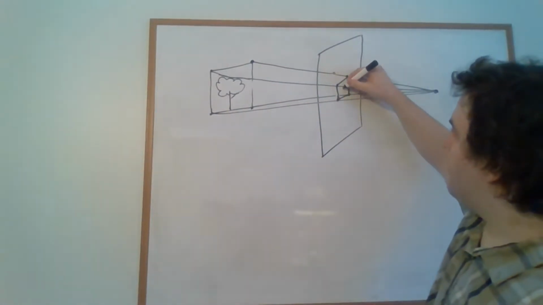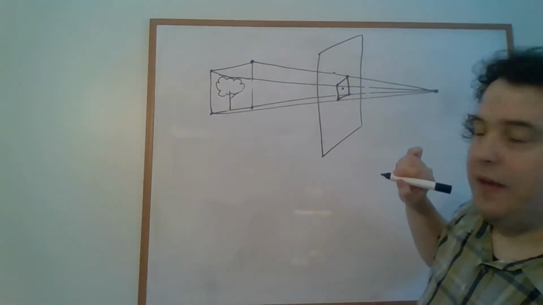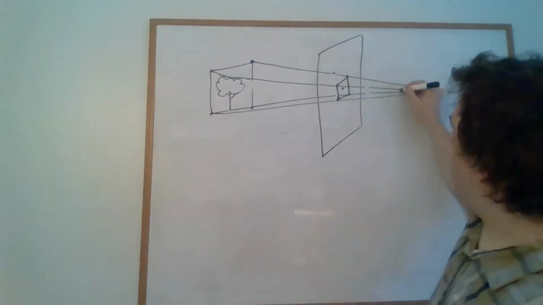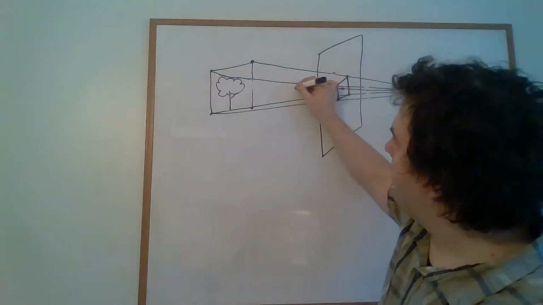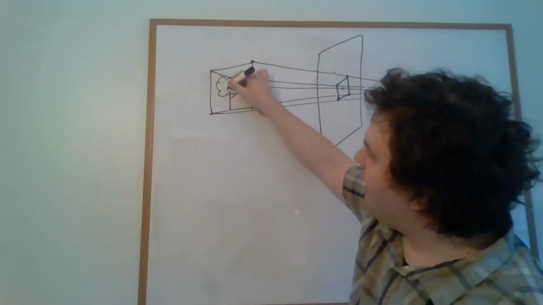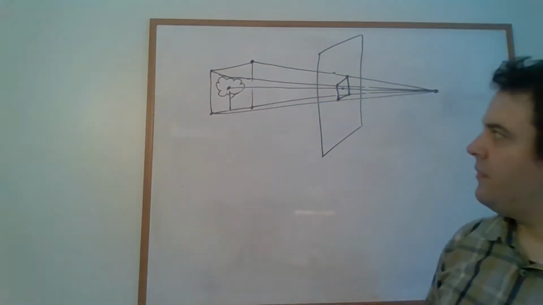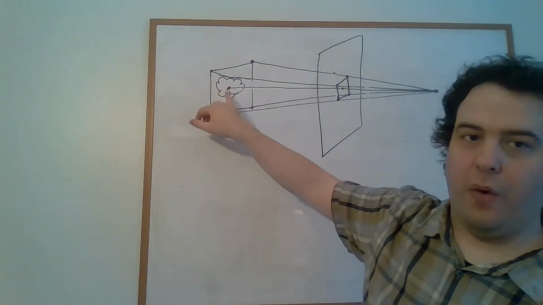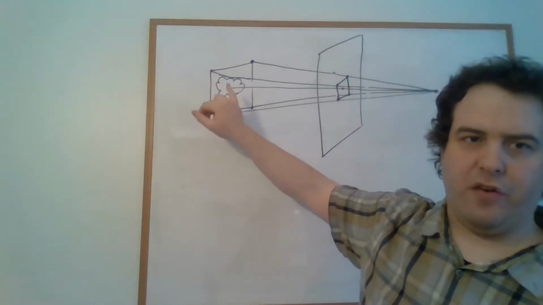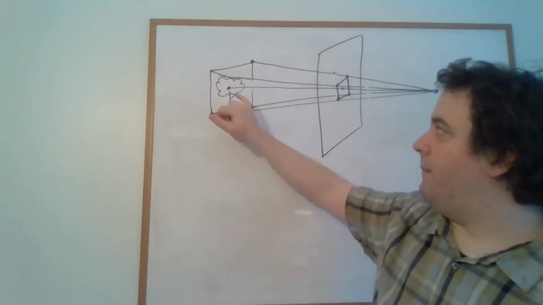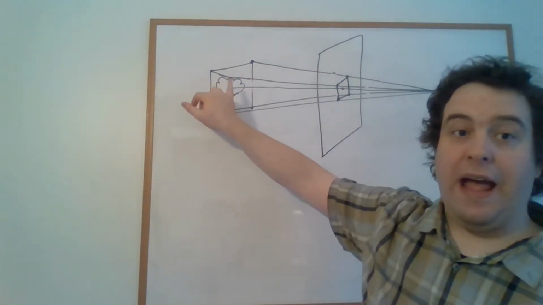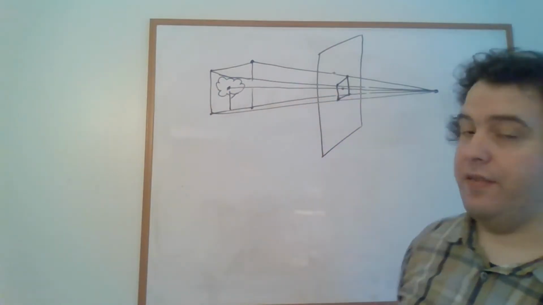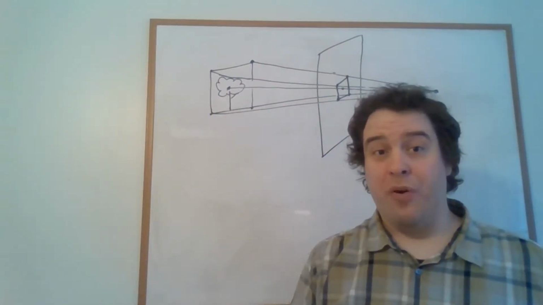So suppose that we want to figure out what color to color this pixel here. Well, we trace it back from the camera until we hit the image, and we see that we've hit the leaves, so maybe there's a green pixel here that we want to sample and use as the color of this pixel. There's one slight problem though.